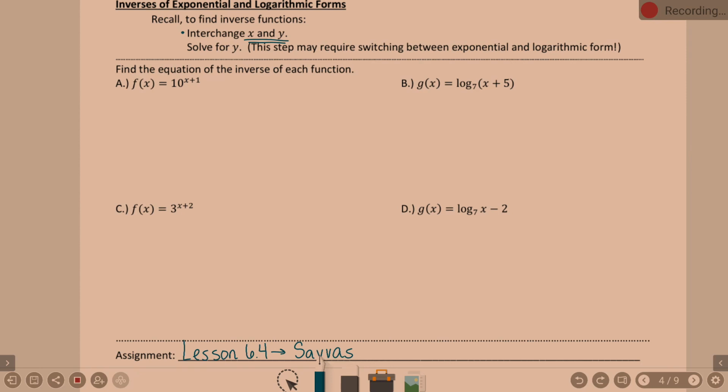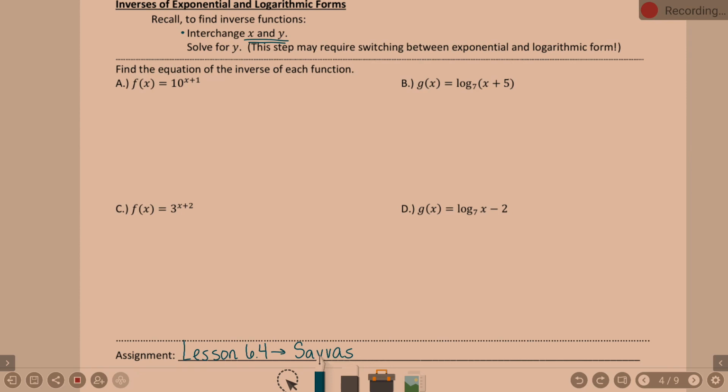Then, as a general rule of thumb, if you're trying to find that inverse function, like we did last unit, you then solve for y. In this unit, in order to solve for y, we may have to go out of log form or into log form, depending on the situation. So, let's practice finding some inverses.